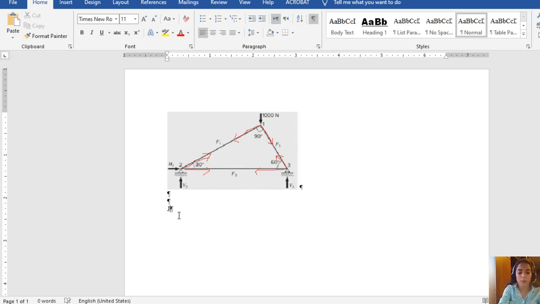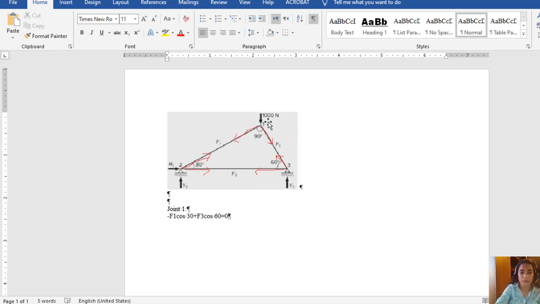So let's start, for example, by joint 1 in X. If I'm gonna take this joint 1 and do the projection on X, what I should have is minus F1 cosine 30 plus F3 cosine 60 is equal to 0, because in fact this is vertical.